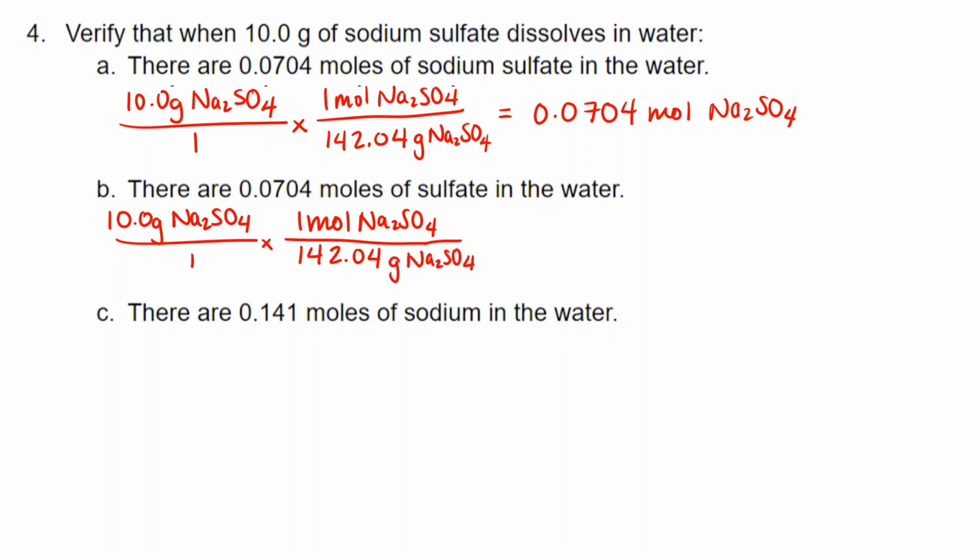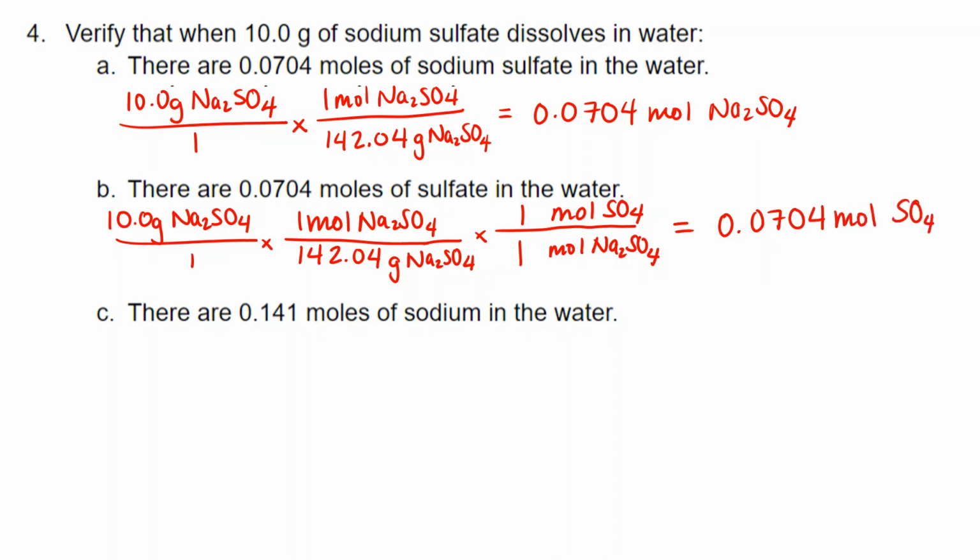So I'm going to need to do another conversion factor here, where we convert the moles of Na2SO4 into moles of just SO4. So from our previous question, we saw that this mole ratio is 1:1, which is why my answer is the same as my previous answer. But now my units are just moles of sulfate.